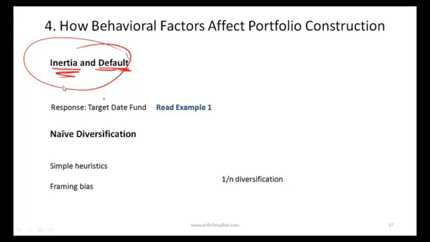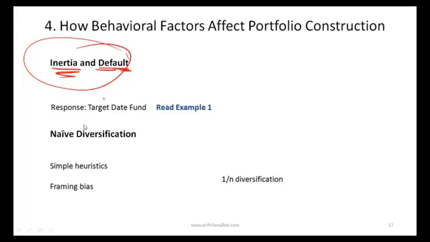But if you have this inertia impact, what's that doing? The inertia effect will say that you keep with your old allocation. So we need to recognize this, and we need to consciously change our allocation based on our circumstances.